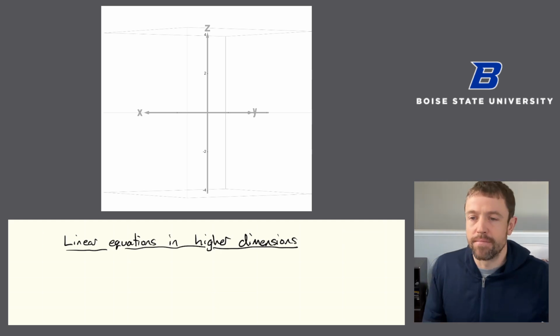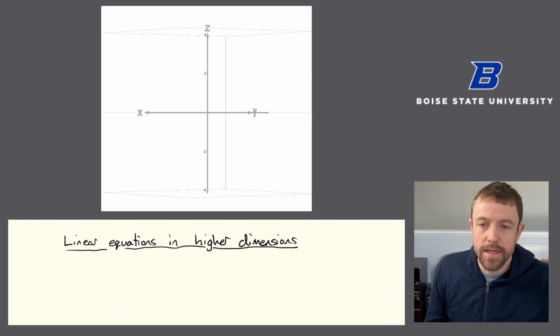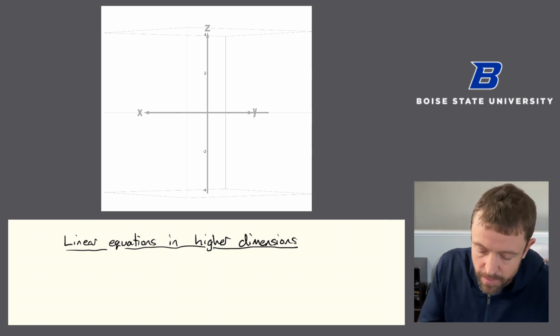I don't know how to directly visualize this. I'm not convinced that anyone does. We'll see in this course, there are lots of ways to get insight from visualizations, but it's not going to be by somehow producing a 4-dimensional graph. But we can still talk about what these things look like. And I want to write down an example of a linear equation in 4 dimensions.